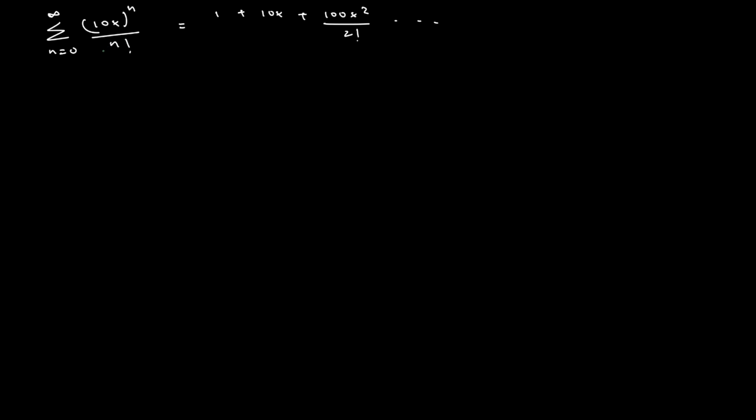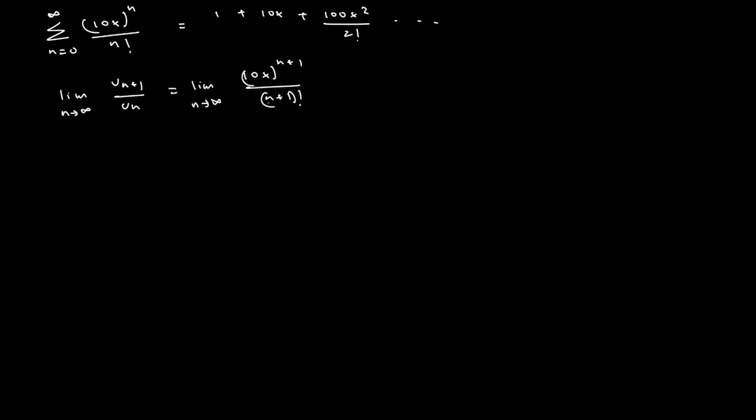So the ratio test seems the best possible use. So the limit as n tends to infinity of u of n plus 1 divided by u of n, same thing as the limit as n tends towards infinity of 10x to the power of n plus 1 divided by n plus 1 factorial.